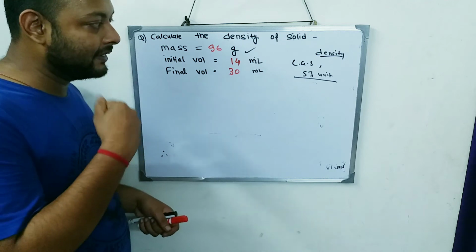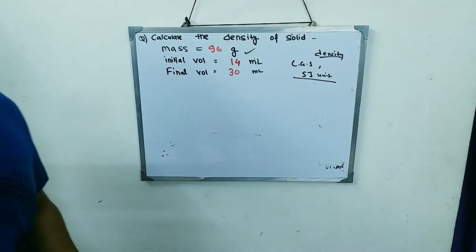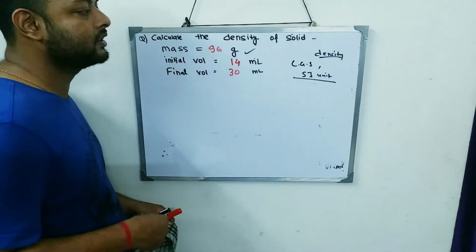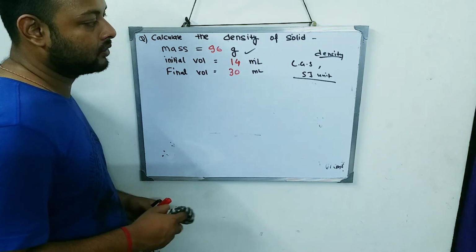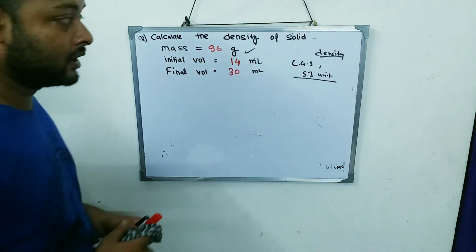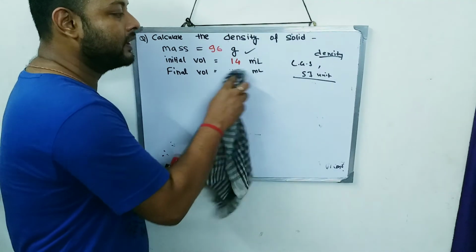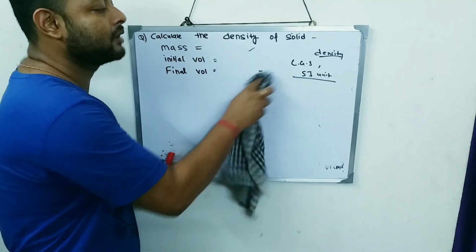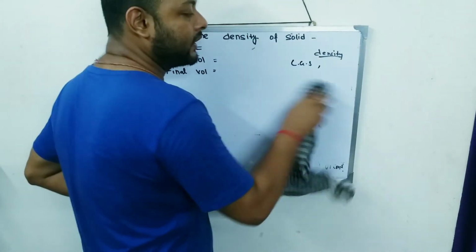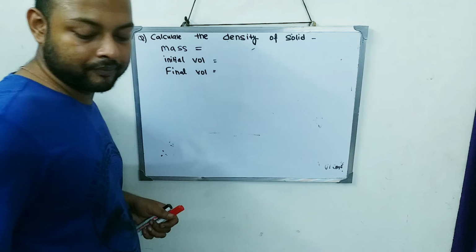Now let's do one more sum like this, little hard, okay? Let's see whether it is possible for you to do the sum or not. Because these are easy sums. If I take a little hard sum, let's see whether you are able to approach the sum or not. Because the whole second sum is about the conversion of unit.